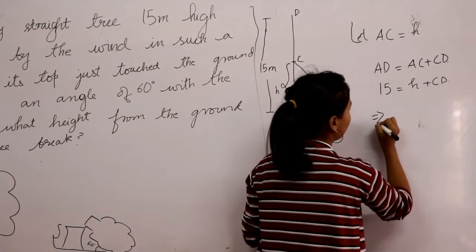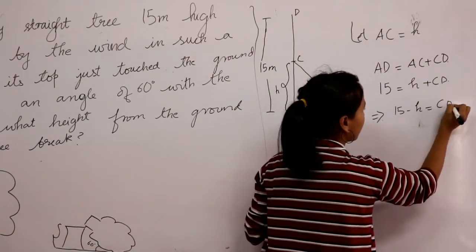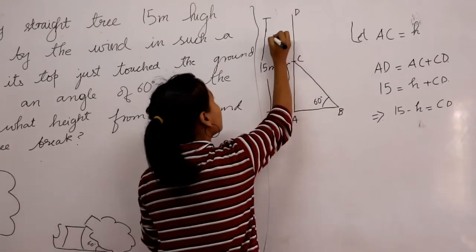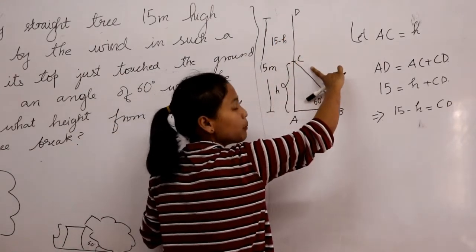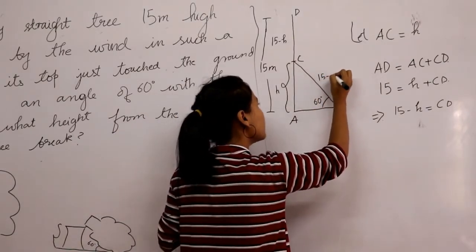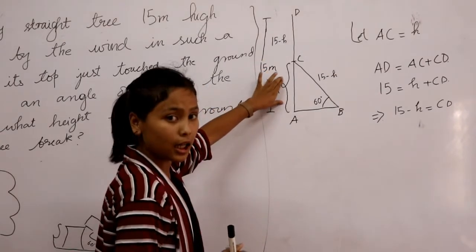In the next line, we will get 15 minus H is equal to CD. So CD here is 15 minus H. As I have said, CD is equal to BC. So BC also will be 15 minus H. We have to find AC, we have to find H.